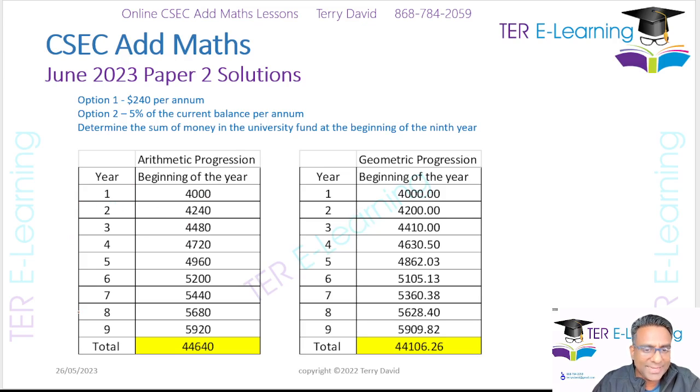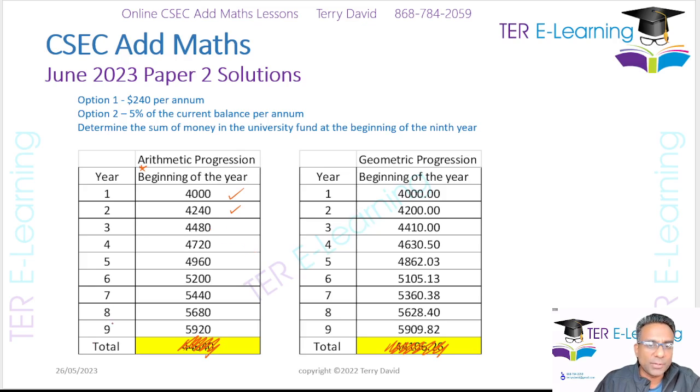So what I've done is actually worked out for each year, so you would actually see what is going to be the answer here. Forget about this total here. This is not what we need here. So at the beginning of the first year, so this is year 1, that's the beginning of the year we're talking about. In this case, you're starting off with 4,000. When you jump to the second year, the money has increased to 4,240, and so we keep going.